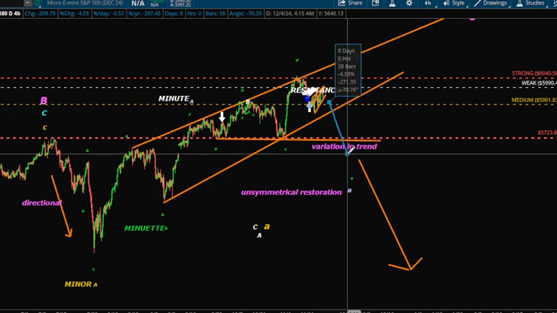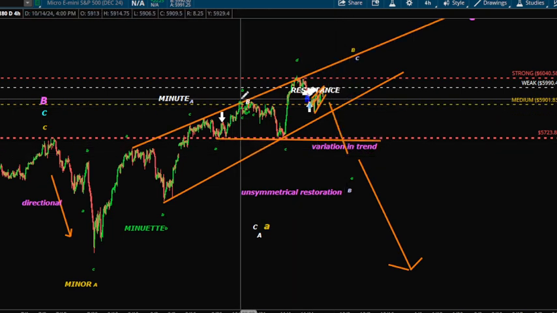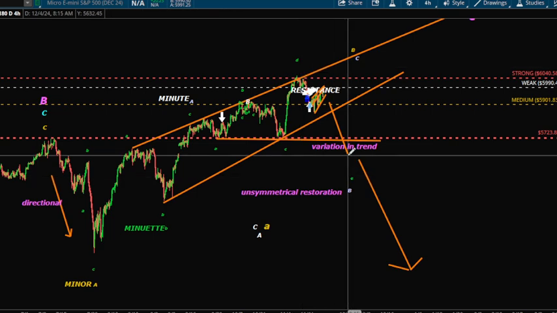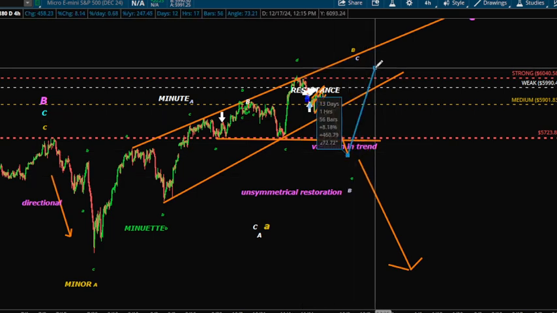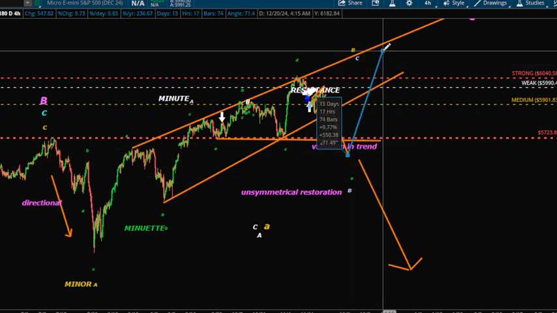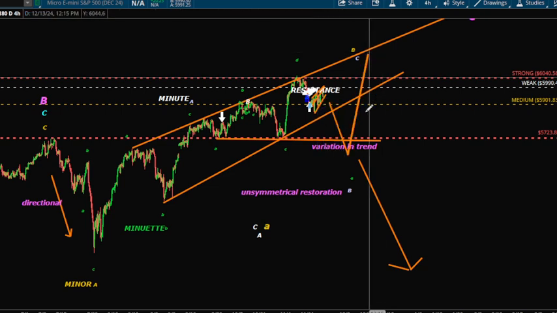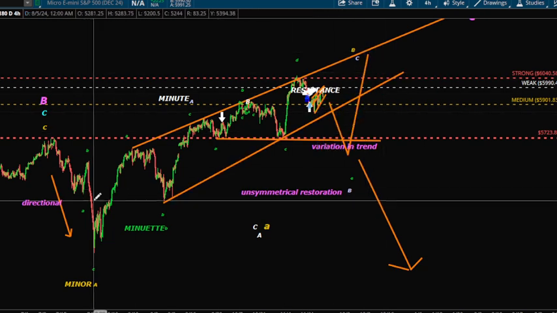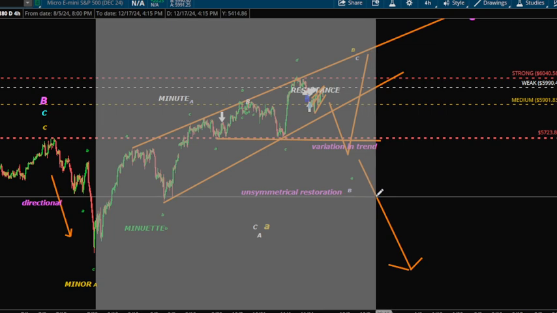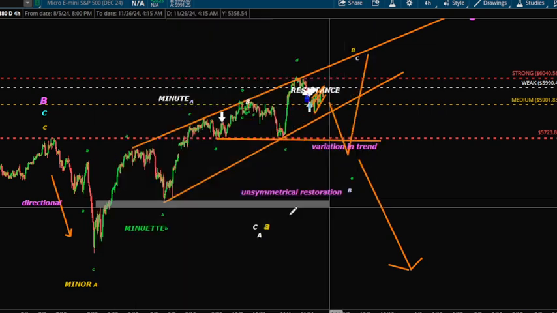So we'd finish the triangle here, A, B, C, D, E, and then up in kind of an impulsive structure to finish out this entire complex correction here.